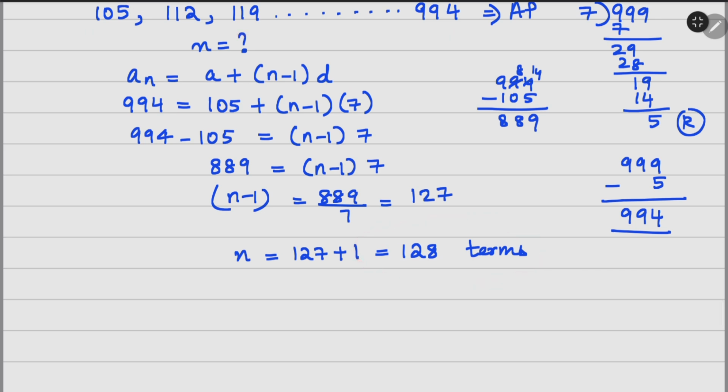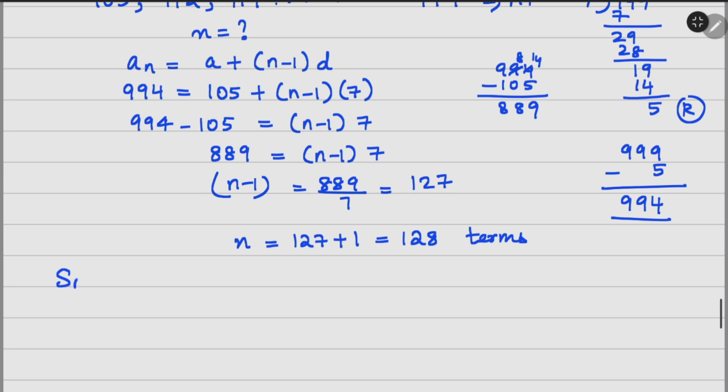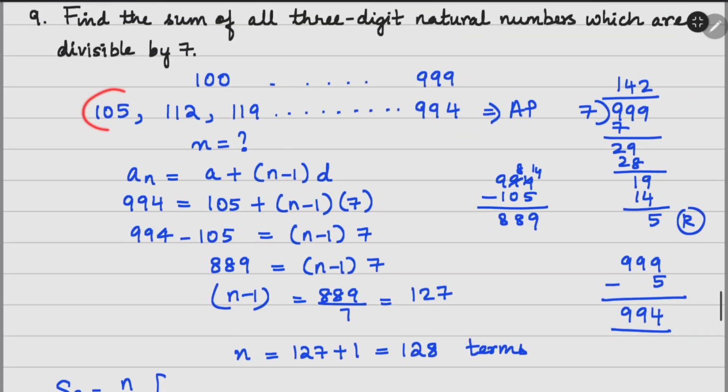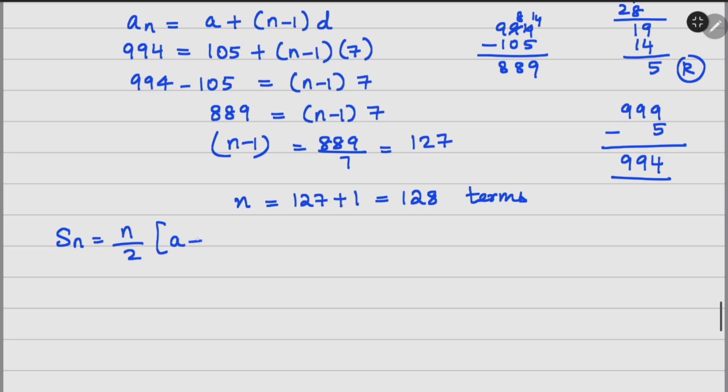Now let us find out the sum of all the terms. So Sn is what you have to calculate. Sn, what is the formula? n by 2 into, if you know the first term and the last term, see, this is your first term, A, and this is your last term. I can denote it with l or An. If I know the first term and the last term, it is just A plus l, right?